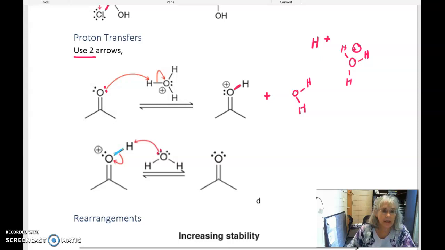These electrons are going to end up as lone pairs, and these electrons end up making a bond here. Oops, they should be pink.